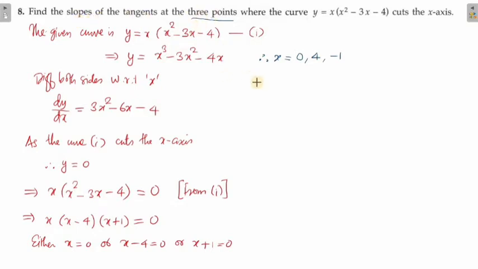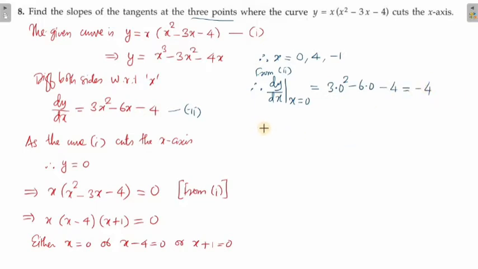Okay, so the first slope, dy by dx at x equals to 0. If you call this equation number 2, then from 2, dy by dx at x equals to 0 will be equal to 3 into 0 square minus 6 into 0 minus 4. So this turns out to be minus 4. So this is one of my answers.